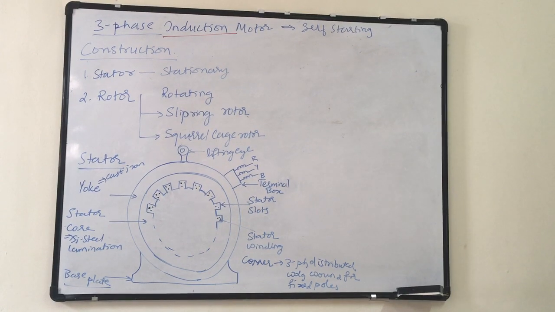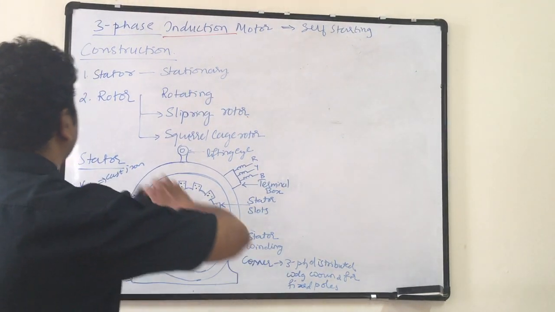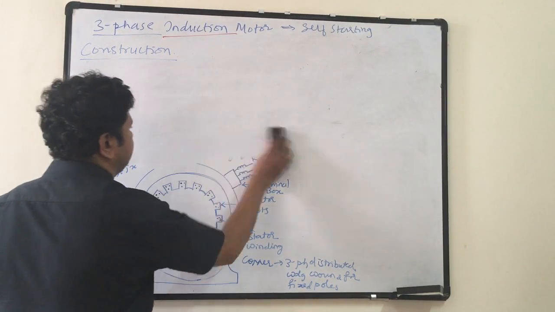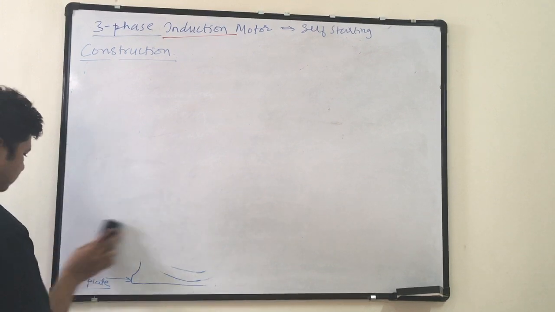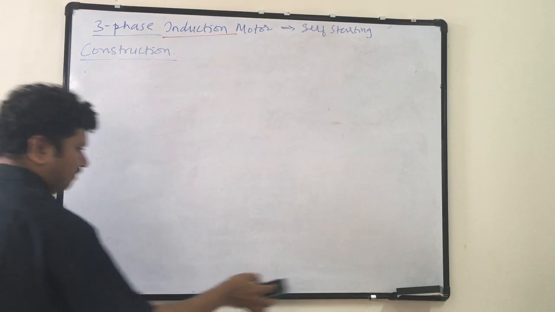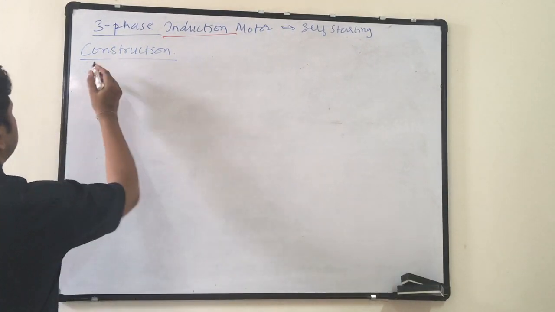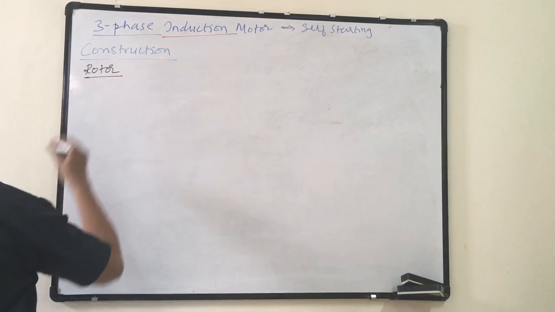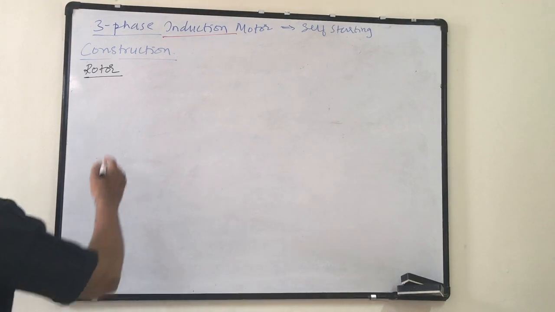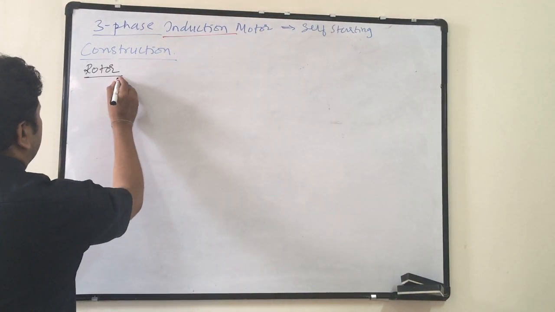So next is the rotor part. Rotor of a 3-phase induction motor. Okay. So there are two types of rotor, as I told.